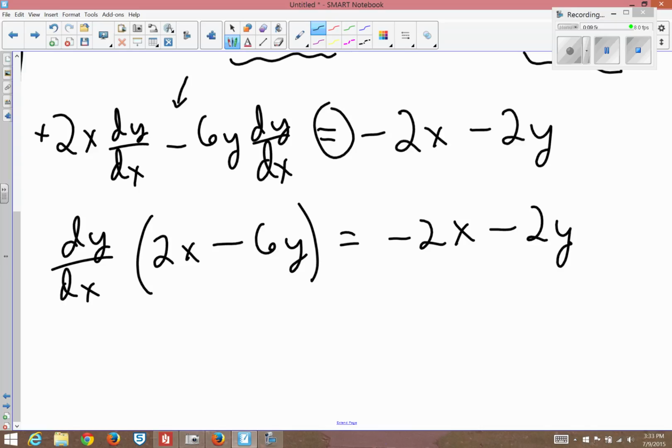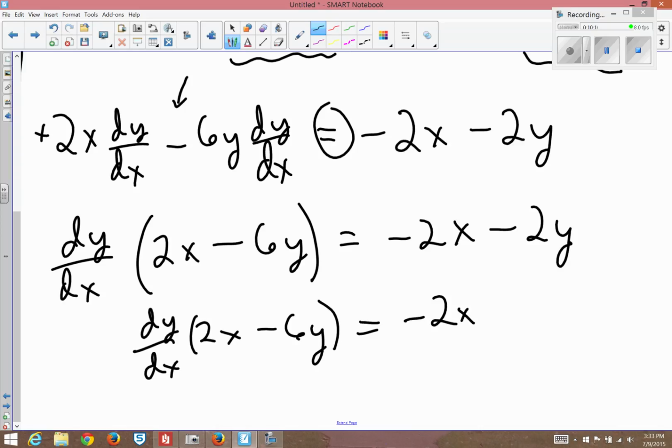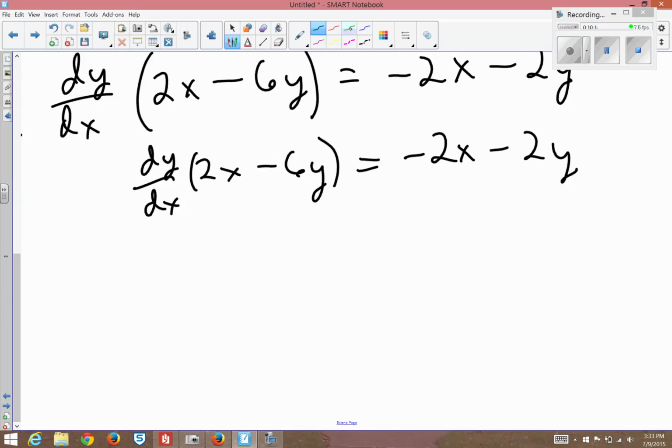Then we divide both sides by all this stuff in the parentheses. I'm going to take the left side of the equal sign and just rewrite it, and the right side of the equal sign I'm just rewriting. And I want to show you that I'm going to divide both sides by whatever that stuff in the parentheses is.